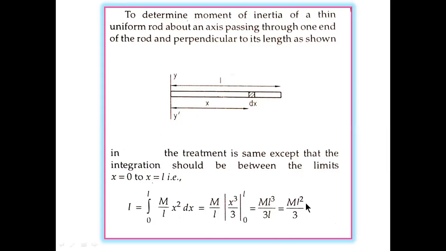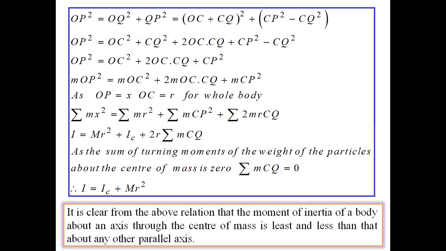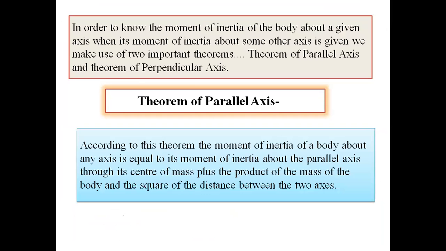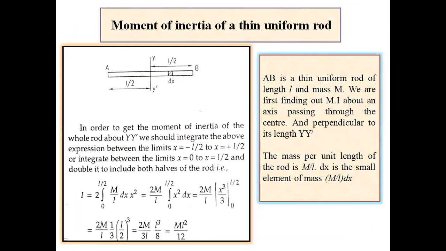Now, in the parallel axis theorem, we know I equals IC plus M R square. Here IC we have calculated, that is M L square by 12.